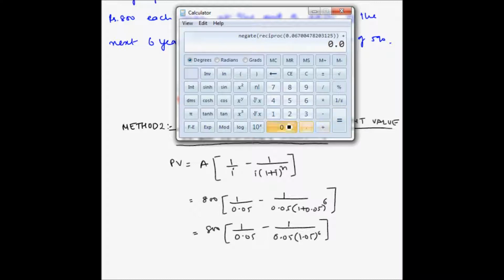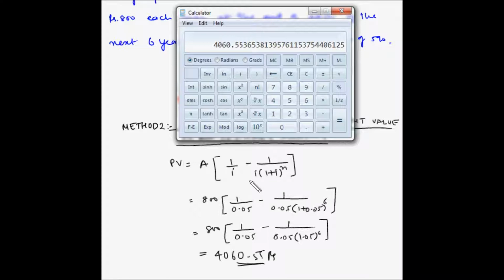So 0.05 1 by x. So this is equal to 5.0756 and multiply this by 800. So we get 4060.55. So this is equal to 4060.55 rupees. Now this is pretty much the same answer that we got in method 1, just that in method 2 we have to remember this formula.